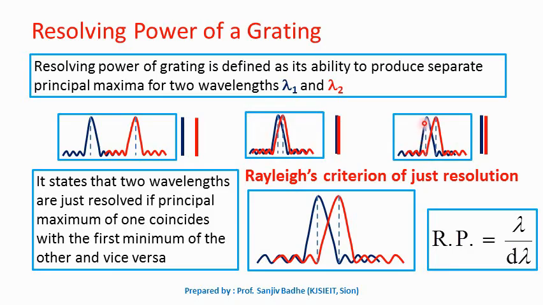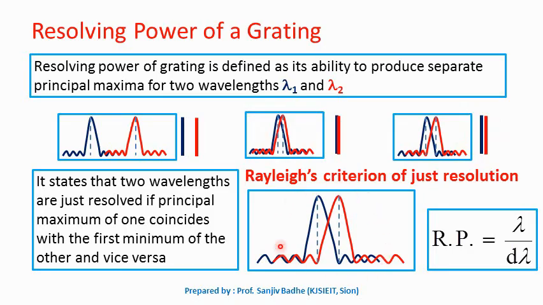So if the principal maximum of lambda 1 falls on the first minimum of the principal maximum of lambda 2, and the principal maximum of lambda 2 falls on the first minimum of the principal maximum of lambda 1, then we can say the two wavelengths lambda 1 and lambda 2 are just resolved, and we can see a very thin gap between them in the diffraction pattern.